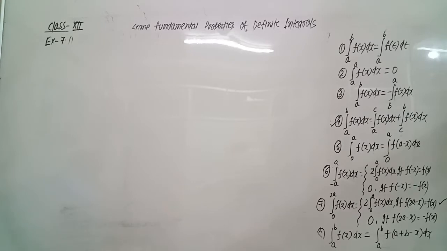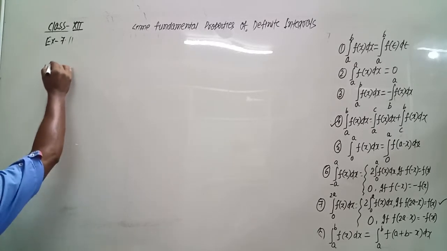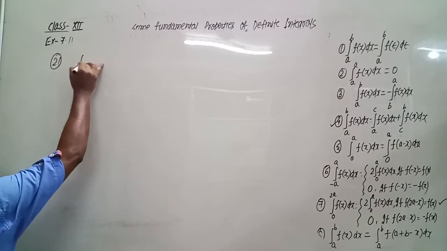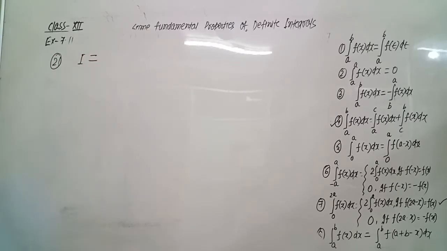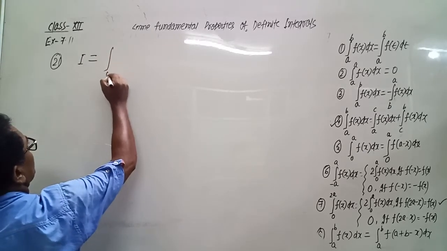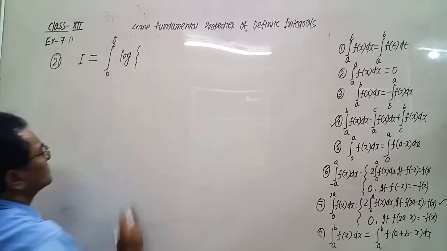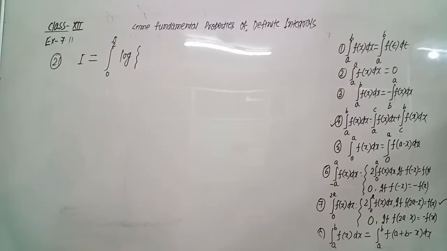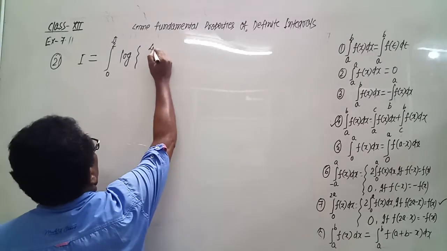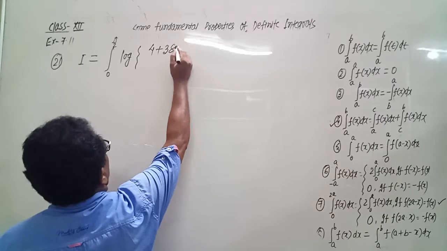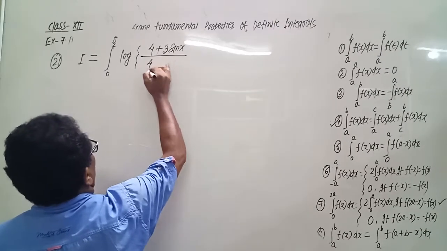Question number 21. I equals the integral from 0 to pi by 2 of log of (4 plus 3 sin x) upon (4 plus 3 cos x), dx.